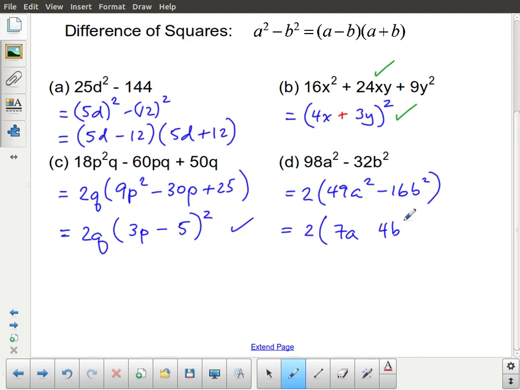That's a difference, so that means it's actually going to have to be the first one subtracted and the second one with addition. And for any of these, you could always expand and simplify out to double check your answer.